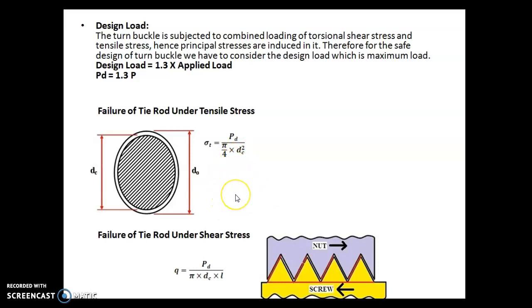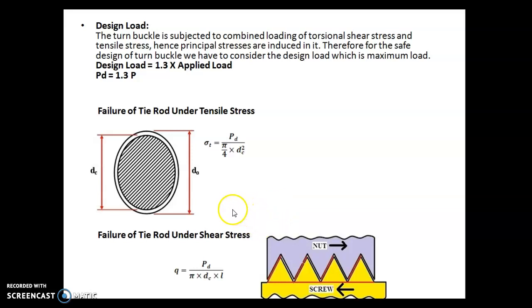If 16.5 is our required value, then in the table 16 mm, then 18 mm is given. So take the value which is nearer to the core diameter value. 16.5 is near to 18 mm and also near to 16 mm, but we cannot take the lesser value, because our design is not safe for the lesser value, so we take the next maximum value, that is 18 mm.